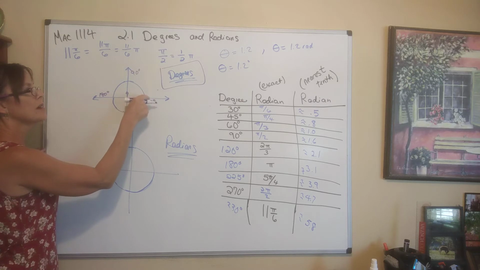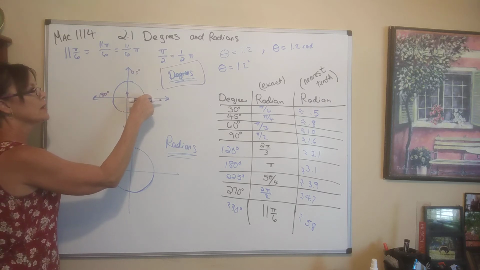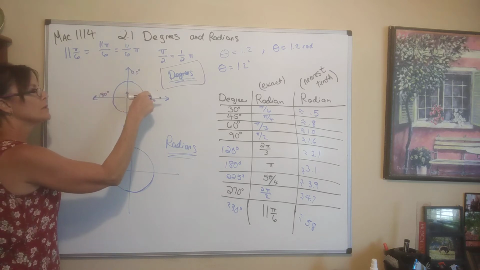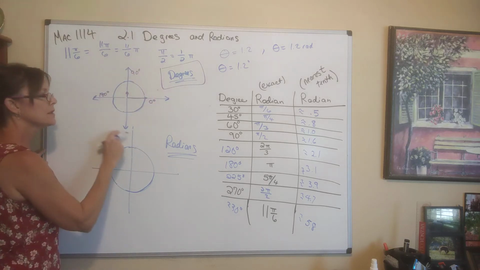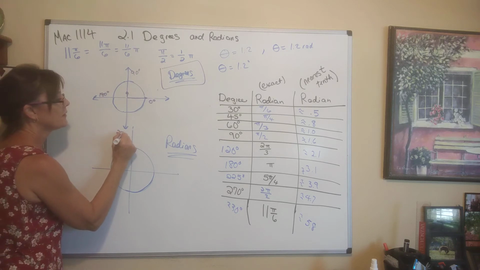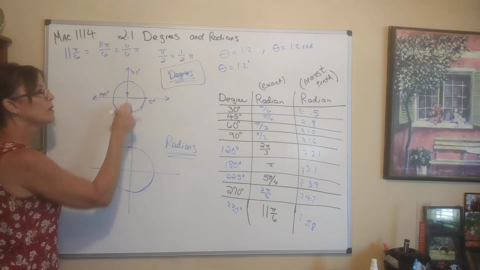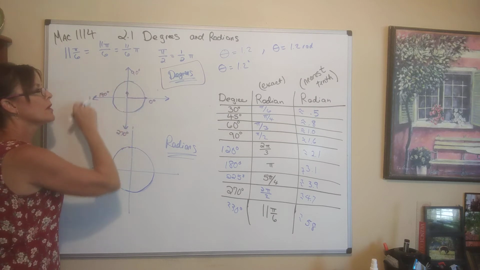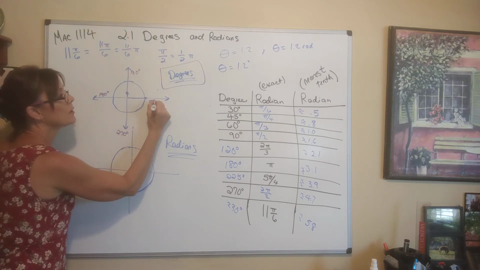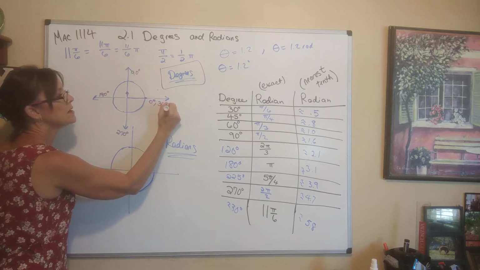That is called a straight angle. So if we went from here to here, it's 90. From here to here is 180. From 0 all the way around to this bottom axis right here is 270 degrees. And then we know if we went from 0 all the way around to the same place we started, that would also be 360 degrees.